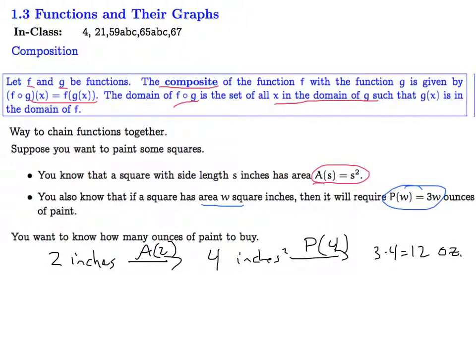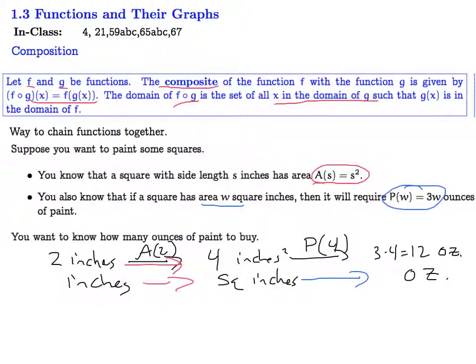So the a function tells me how to get from inches to square inches, and the p function tells me how to get from square inches over to ounces.